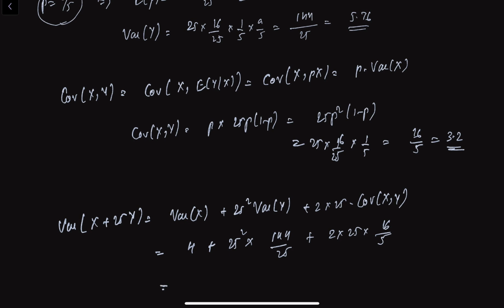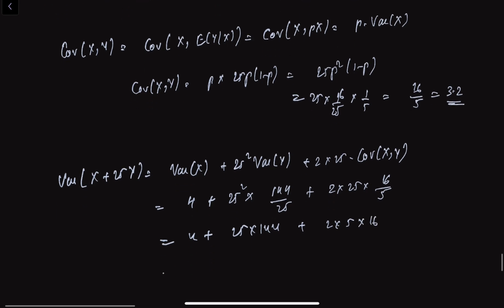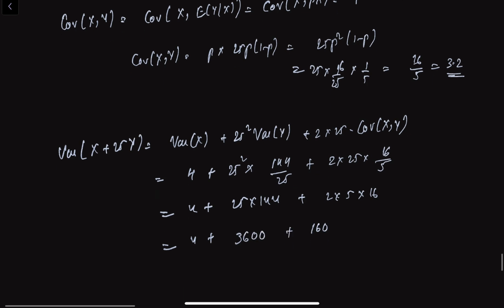So that means this is 4 plus 25 into 144 plus 2 into 5 into 16. So that is 4 plus 12 into 5 square, which is 3600, plus 160. So that means it is 3764. So that would be the variance of X plus 25Y.